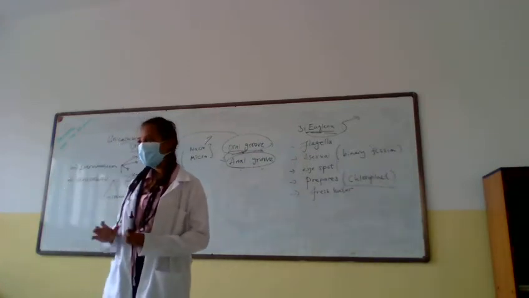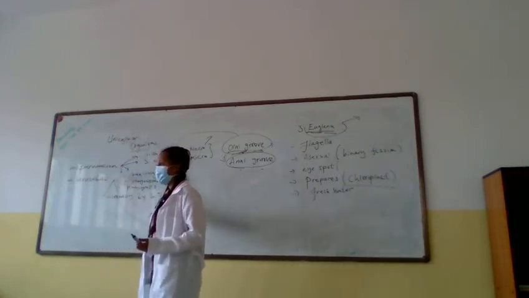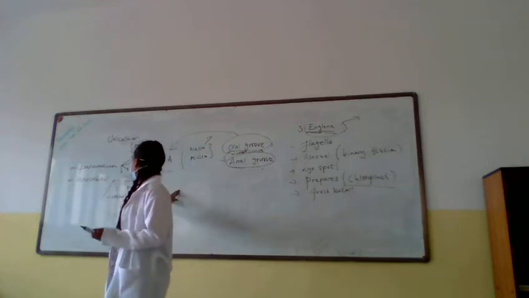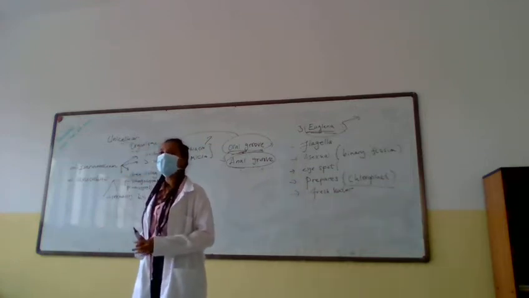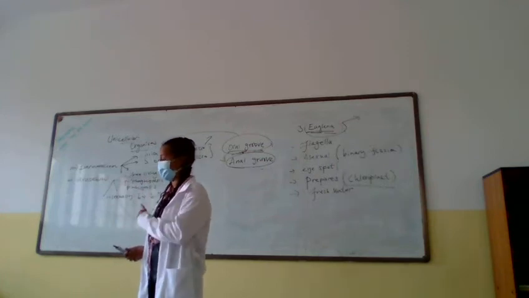There are different species of it, and the specific kind of amoeba that causes amoebic dysentery is called Entamoeba histolytica. That is the specific species that causes these dysentery diseases.